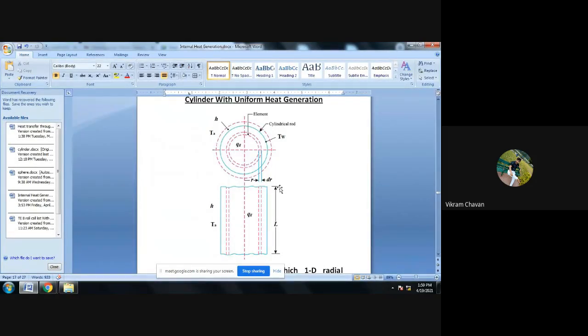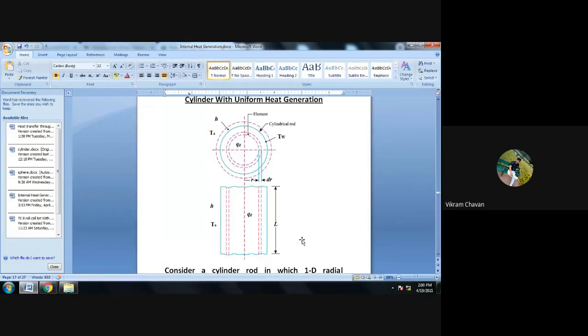Then we considered that there is heat dissipation from the surface of the wall, and we considered that heat dissipation in the case of maximum temperature. We once again derived the maximum temperature equation when heat is dissipated from the surface of the wall to the surrounding.